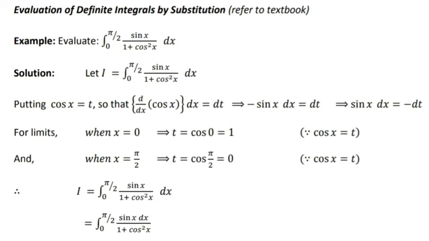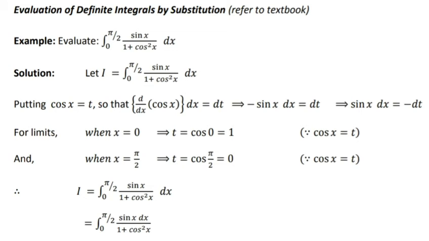And because we have substituted a function cos x equal to t, then the given integrand will be totally changed and we will be getting a new function. And because we are getting a new function, we have to also change the limits.